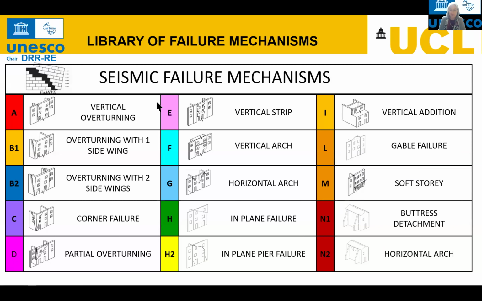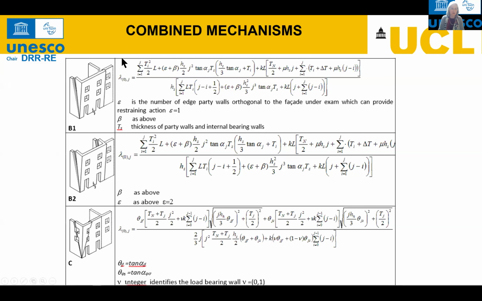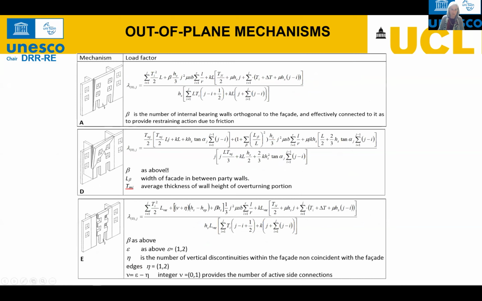So how does the FaMIVE work from an analytical point of view? These are the mechanisms that we have already identified earlier from the street. For each of them, as you can see here, for mechanism A, for instance, it's a simple overturning of just the facade.